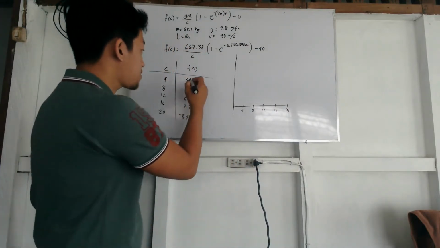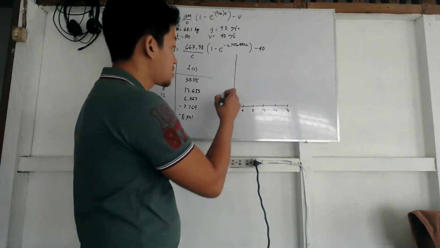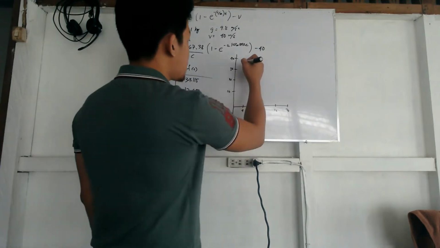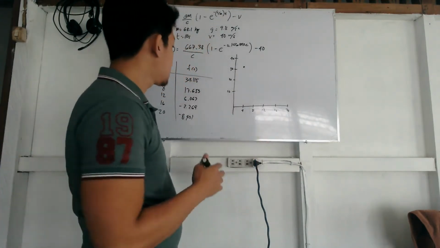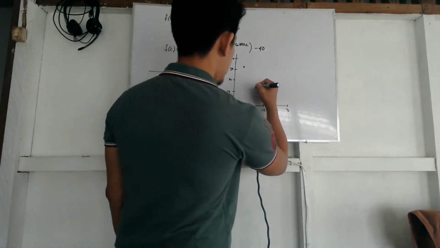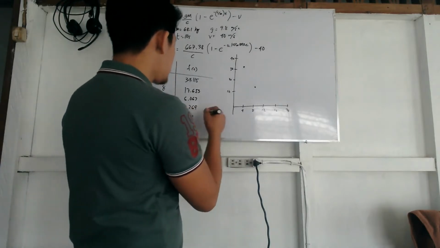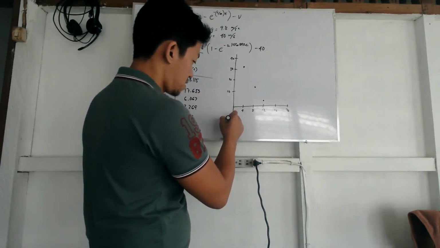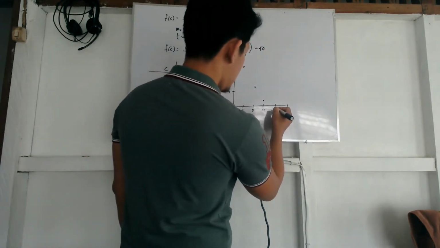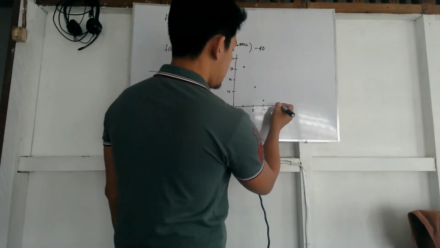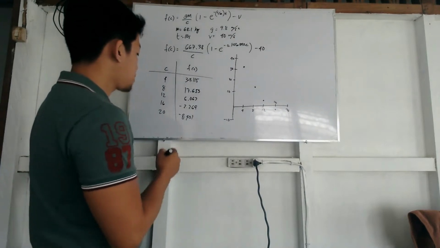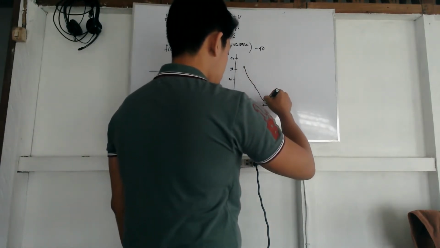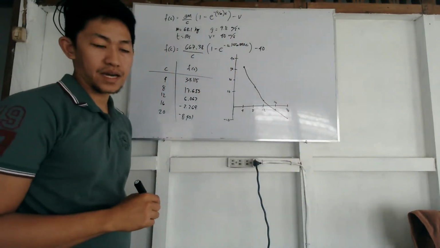At 4 you have 34, at 8 you have 17, then at 12 you have 6.2, at 16 negative 2, somewhere here, and then at 20 negative 8. So this is your graph.